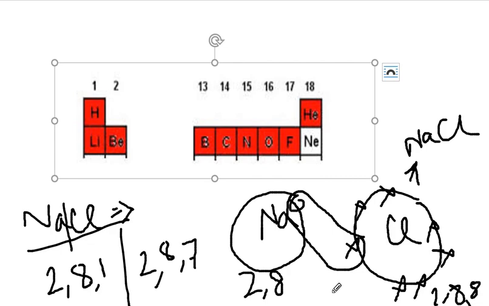As sodium gives 1 electron, it is Na plus 1, and chlorine, as it gains 1 electron, would be minus 1. This way they bond together to get stability and follow the octet rule.